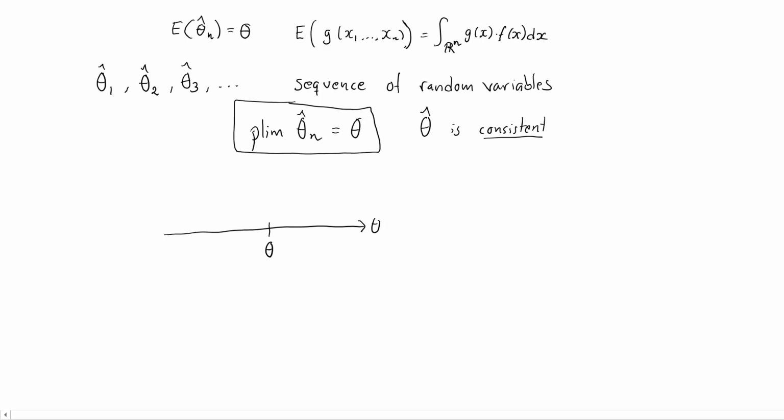For a very large n, I will have a PDF which is very heavily located around theta, maybe something like this. That also means, of course, that as n increases, the error that I will make, that is, the difference between my estimator and theta, will tend to be very small. It also means that if I have an infinite number of observations, then I will know theta exactly.